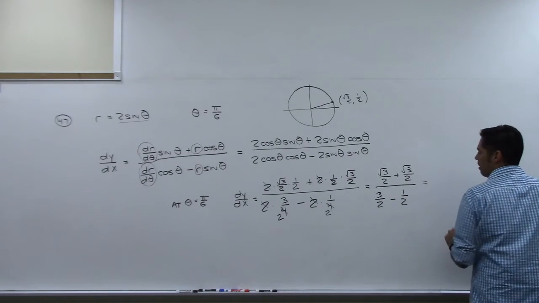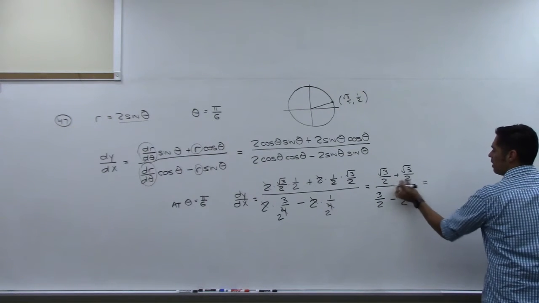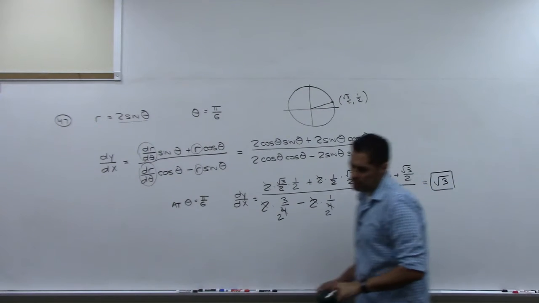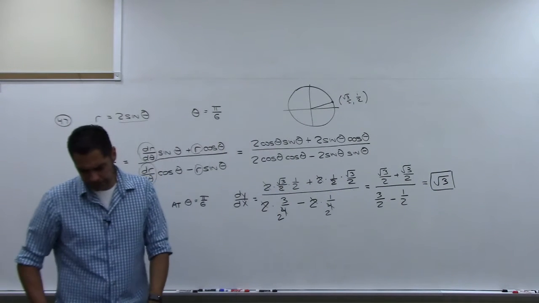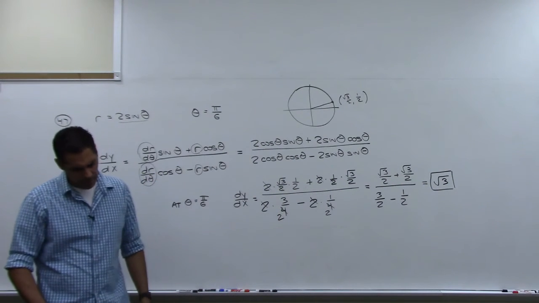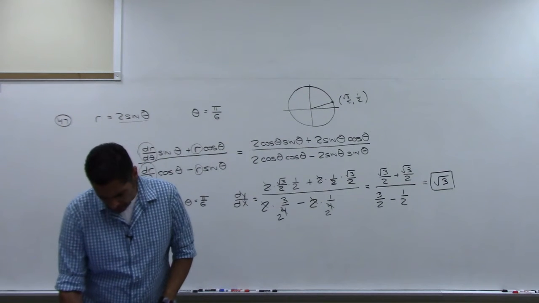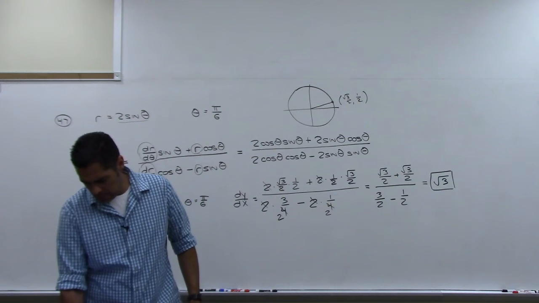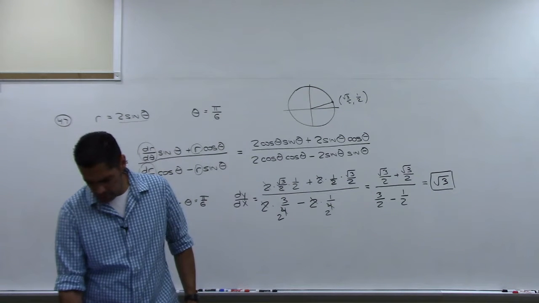So we have a 1 on the bottom, so I don't need to mess with it. Put these 2 together and you should just get root 3. So the slope of the tangent line at pi over 6 should be square root of 3. It's not asking us for the equation of the tangent line, just the slope.